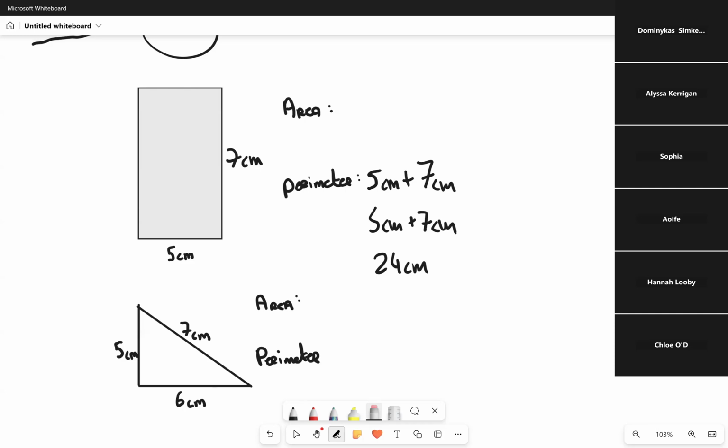For area, then, we have a formula: A stands for area, equals length multiplied by width. So we're only multiplying two numbers. Or another way of saying it would be height multiplied by width. Well, here's the width, 5 centimeters, and here's the height, 7 centimeters. So what do you think we're going to do with those? Multiply. Very good. And do you want to do it for me?